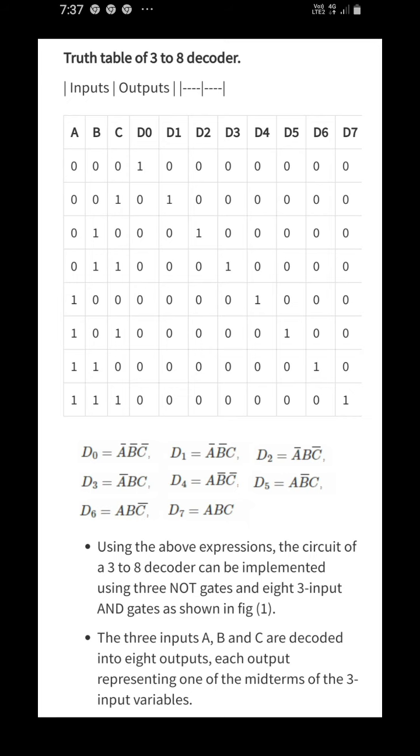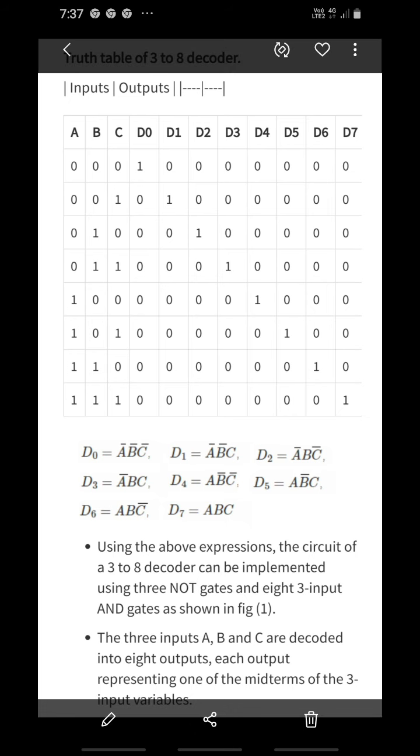So based on the truth table, we can write the outputs using the standard SOP form. Standard SOP form means sum of the products.